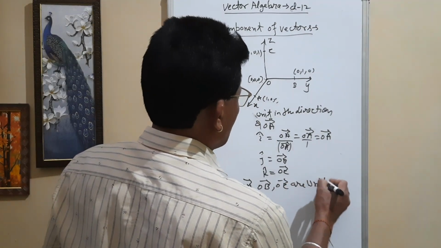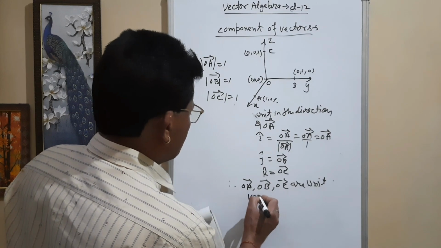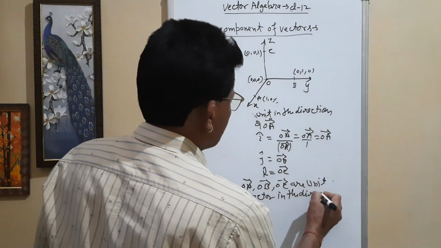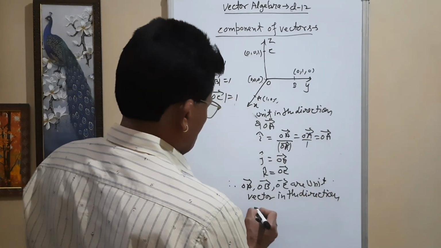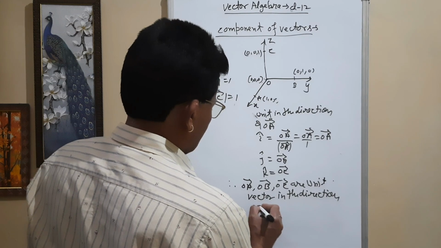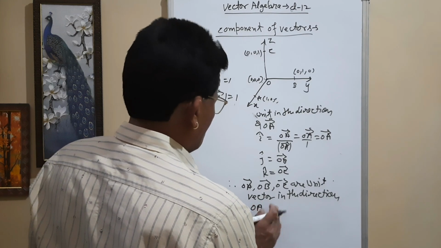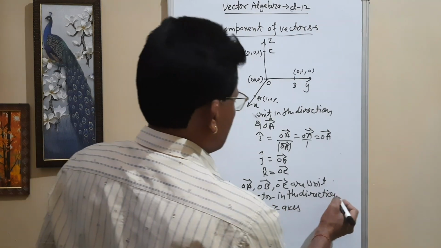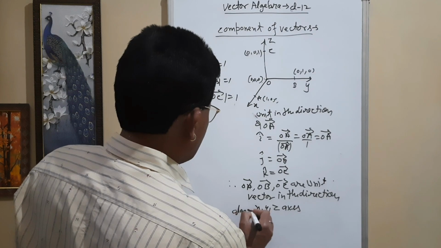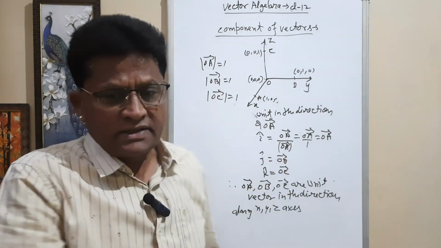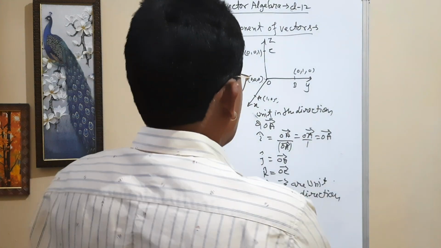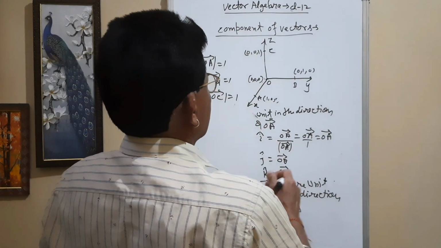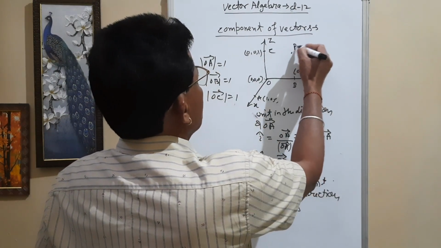You must keep in mind this very important thing I am discussing: unit vectors in the direction of x-axis, y-axis and z-axis. Very important thing we are discussing, my dear student. Because i, j, k are the unit vectors in the direction of x-axis, y-axis as well as z-axis.